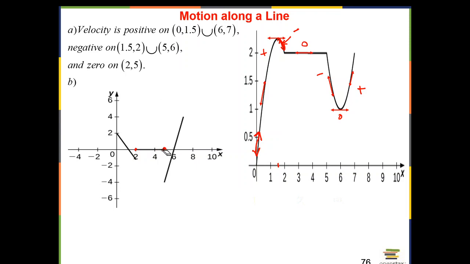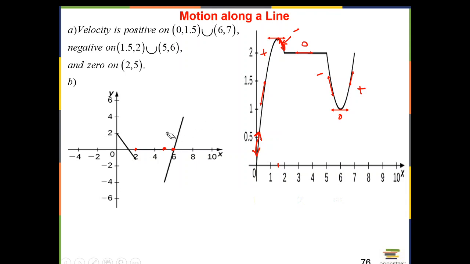And then after 5, it jumps to some negative value. We don't know exactly what negative, we just guesstimate it. So it's a negative value all the way to 6, where again it is 0. And after 6 it is positive, all the way to 7. And we don't know what's going on after that.